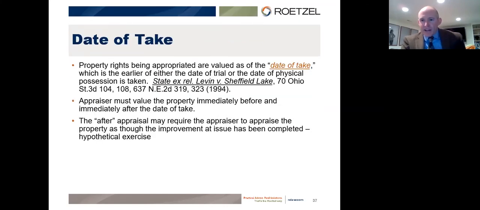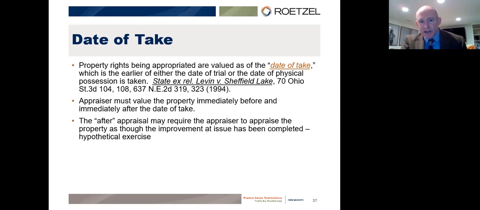So you're supposed to value it based on its highest and best use, the property being taken. But when are you supposed to value it? Well, we have an answer for that too, and that's called the date of take. And in Ohio, the date of take is typically one of two dates, and that's either the first day of trial of the eminent domain case, or the earlier date that physical possession is actually taken in the case of a quick take situation.